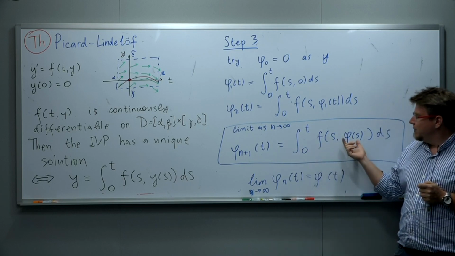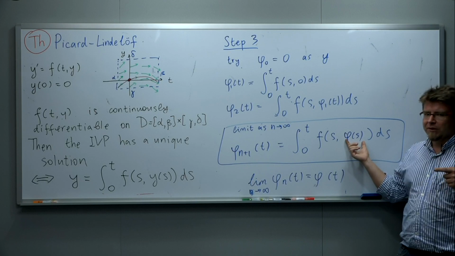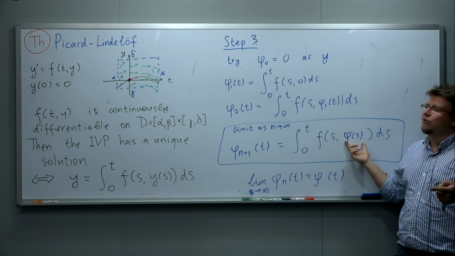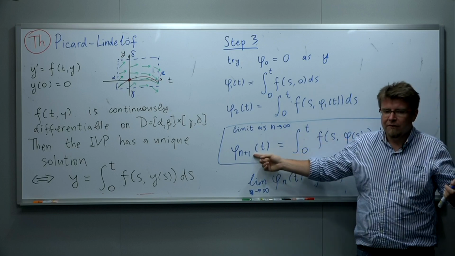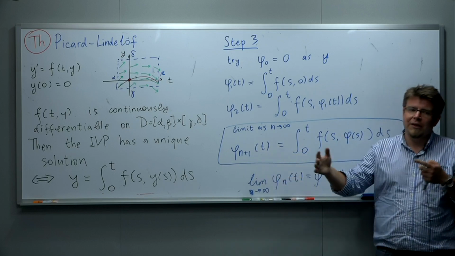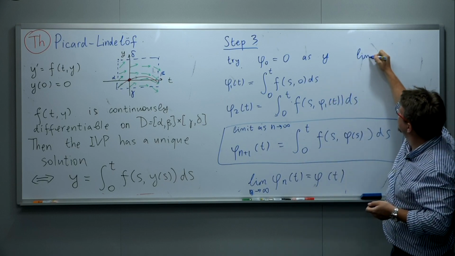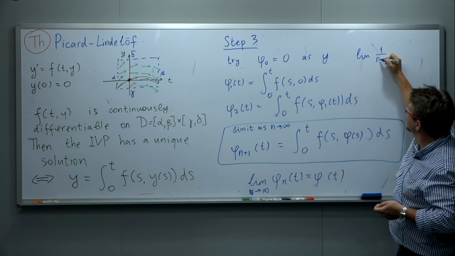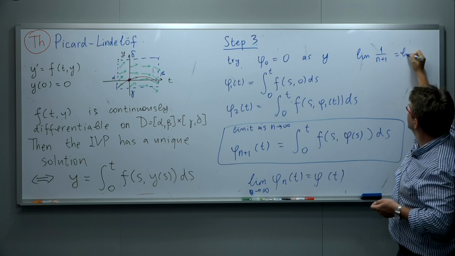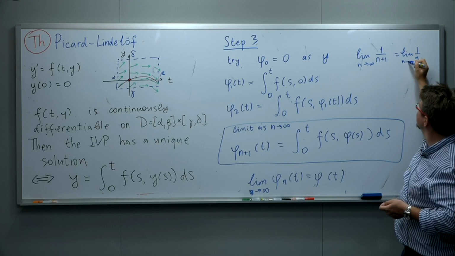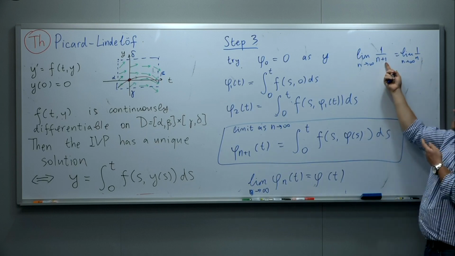If this is the sequence phi 0, phi 1, phi 2, phi 3, and so on, then this is phi 1, phi 2, phi 3, and so on. But of course the limit is the same. It's just like the limit of 1 over n plus 1 is the same as the limit of 1 over n when n approaches infinity, because these are essentially the same sequence.